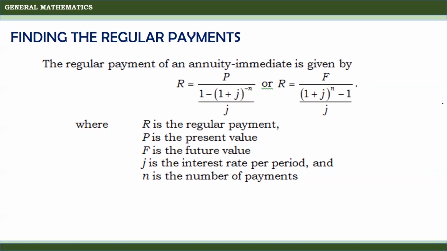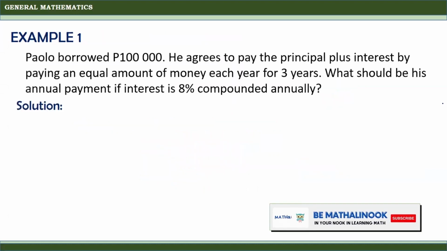The first formula will be used if the present value is given, and the second formula will be used if the future value is given. For the representations of the variables for the two formulas, we have R is the regular payment, P is the present value, F is the future value, j is the interest rate per period, and n is the number of payments. Let us try to solve this problem using the formula presented earlier.